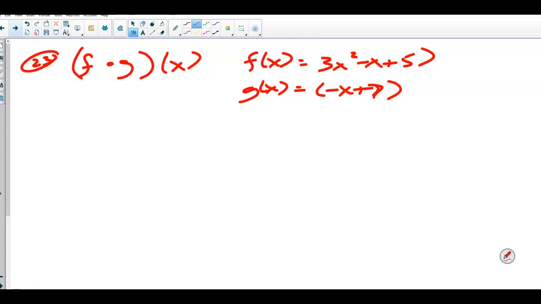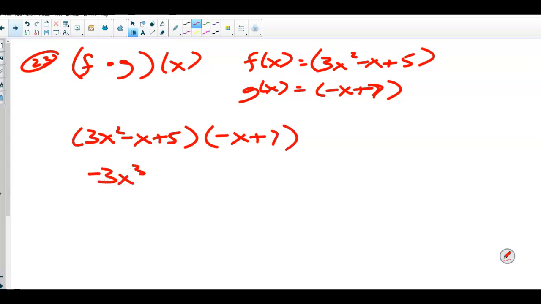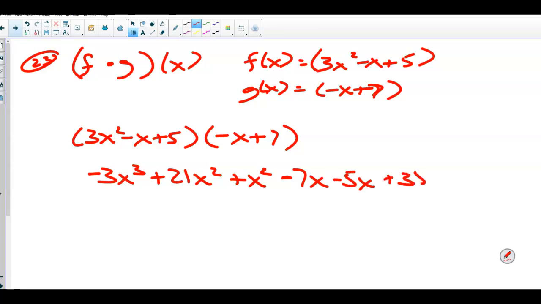This is kind of like FOILing. 3x squared minus x plus 5 times negative x plus 7. 3x squared times negative x, negative 3x cubed, plus 21x squared, plus x squared, minus 7x, minus 5x, plus 35.